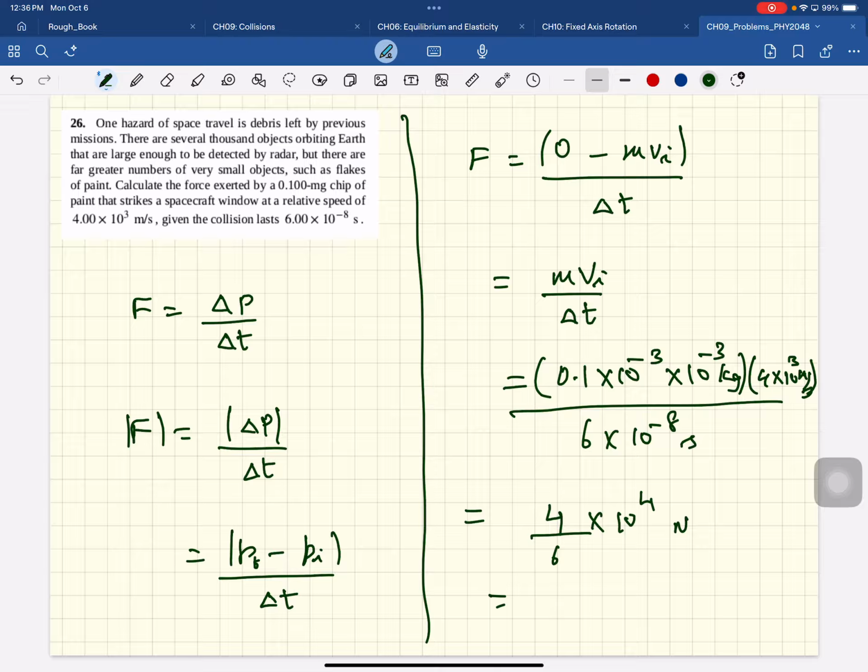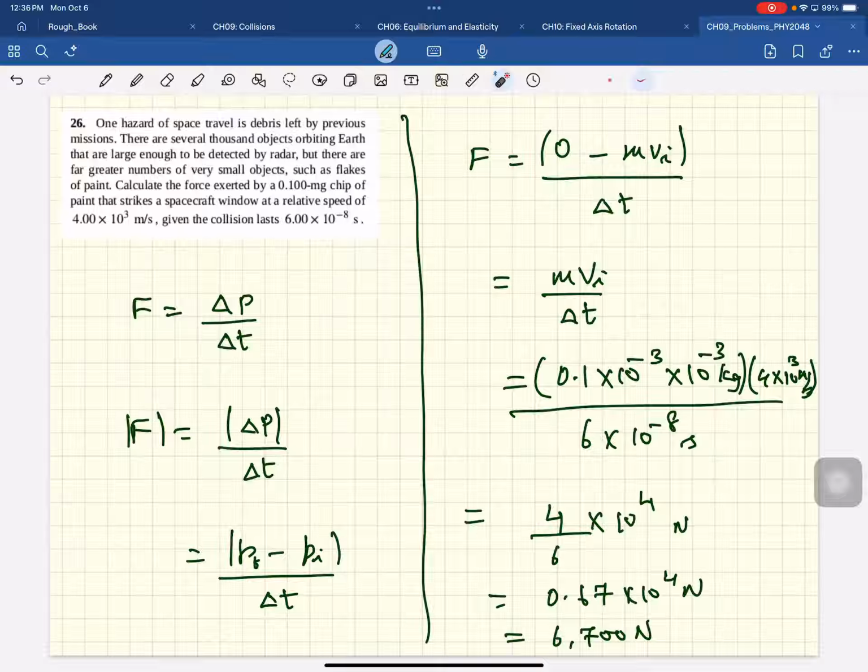So this is 0.67 times 10 to the 4, 6,700 newtons. Okay. So what we are saying is, here's a speck of paint hitting that spacecraft window, exerting a force of 7,000 newtons.